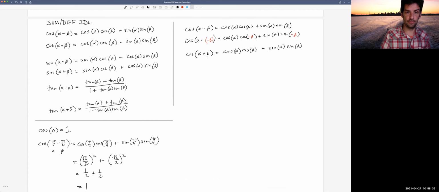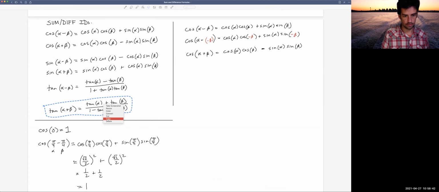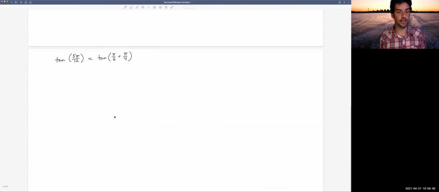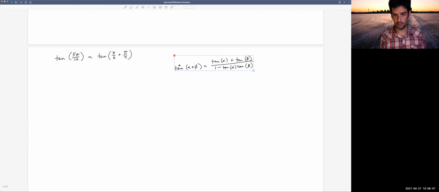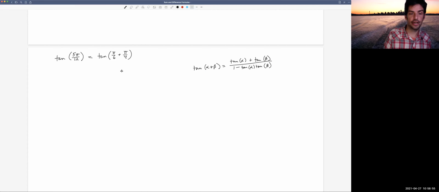We have a sum, let's throw that down here. Oh, that's really slanted. So using, we have alpha and beta.